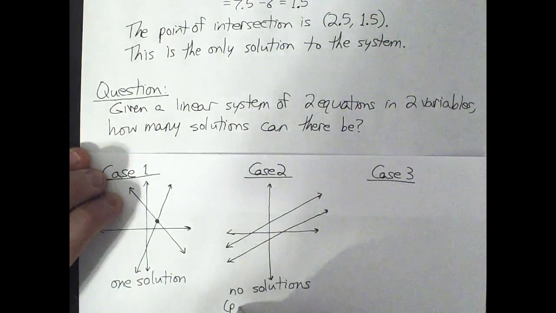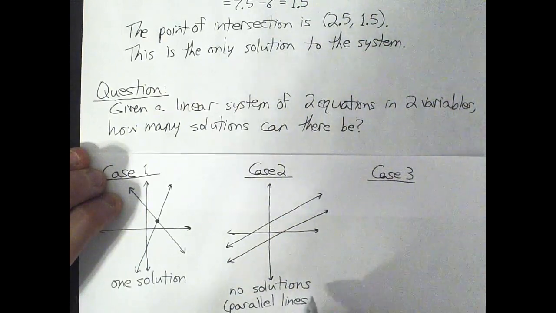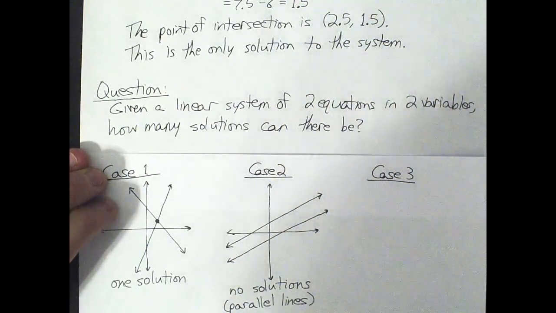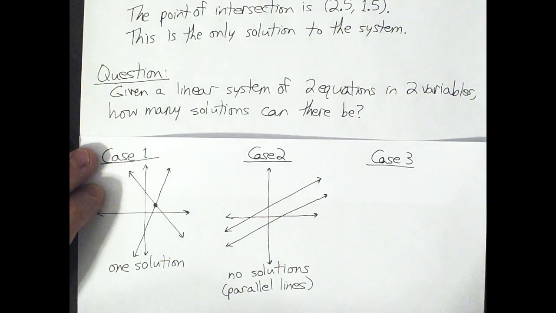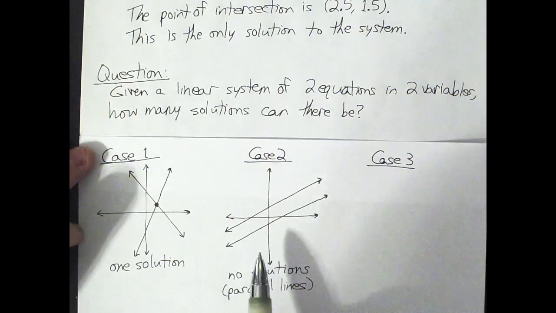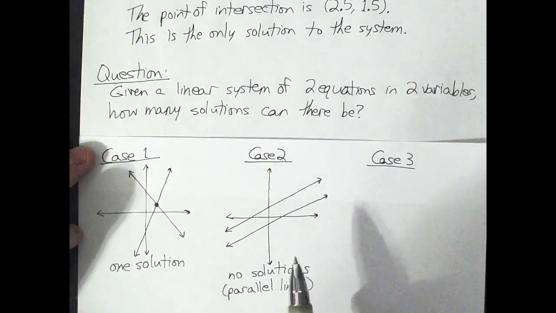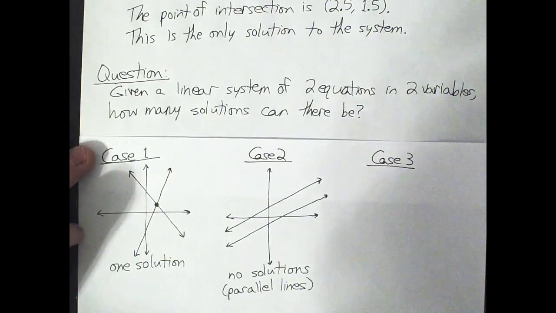And this happens when we have parallel lines. So in fact, if this was written as a system of linear equations and we were trying to solve, we would find no solutions, because we could find no points of intersection.